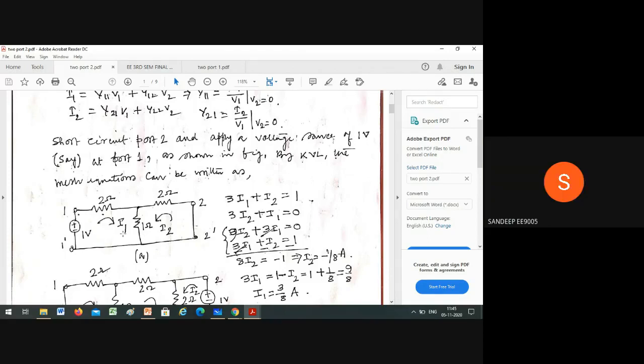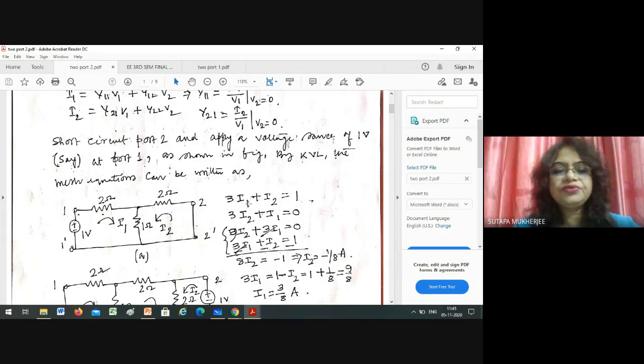So 2I1 plus I1 will give 3I1. And the direction of I2 and the direction of I1 through the 1 ohm is the same, so this will be plus I2. On the basis of the chosen direction of current, you get 3I1 plus I2 equal to 1.